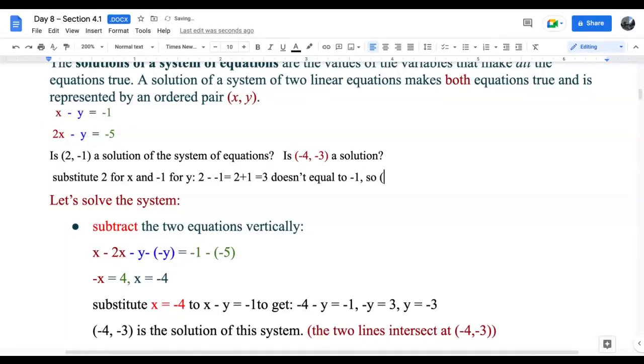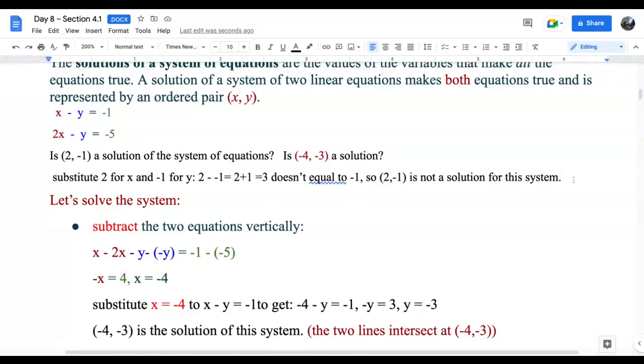So it's not a solution. So (2, -1) is not a solution for this system. Because if it doesn't make the first one true, we don't even have to check the second one anymore. If it is true for the first one, we will check the second one. If it's true for both of them, then we say yes, it is a solution.